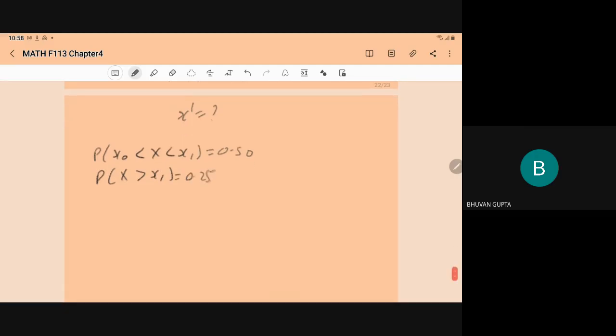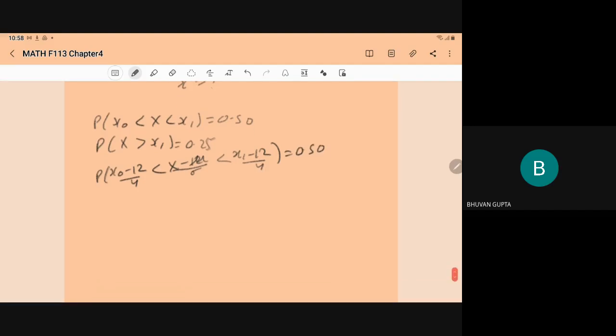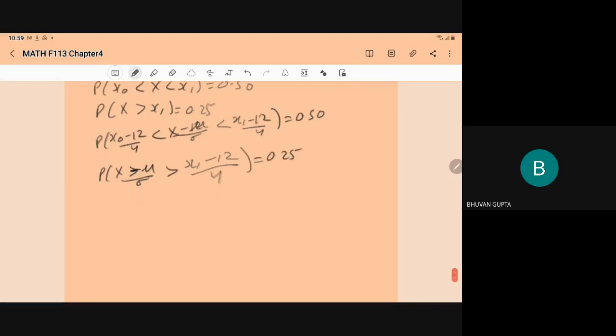So in this case, we standardize: the probability that (x naught minus 12)/4 is less than (x minus mu)/sigma is less than (x1 minus 12)/4 is equal to 0.50, and the probability that (x minus mu)/sigma is greater than (x1 minus 12)/4 is 0.25.